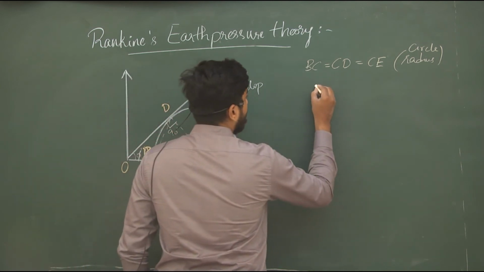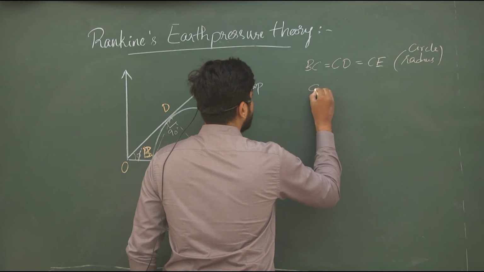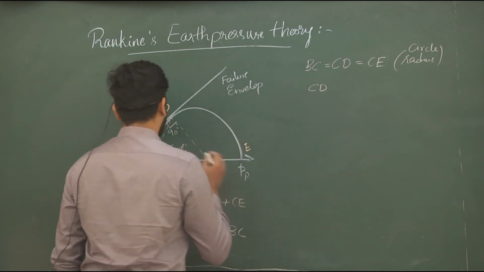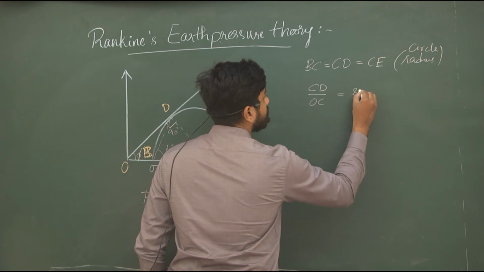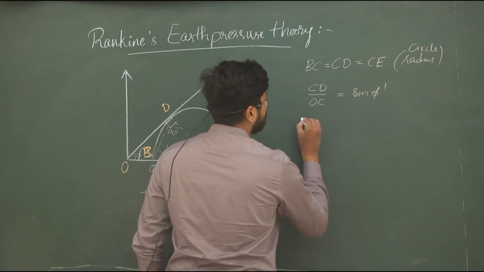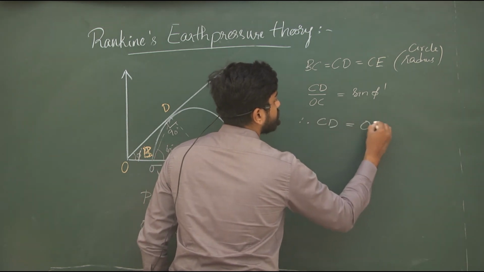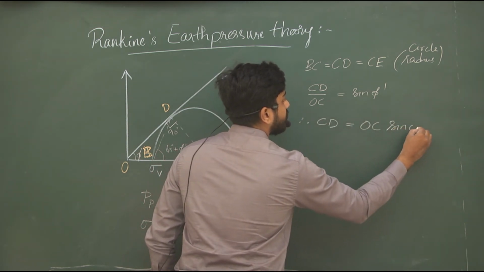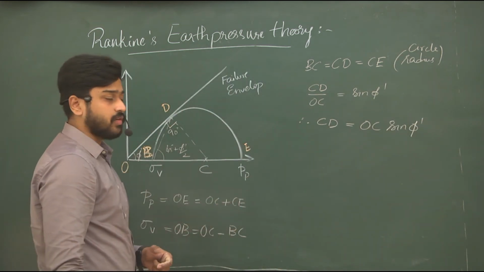As usual, how we have derived in the previous case, CD by OC is equal to sin phi dash. So therefore my CD value will be OC sin phi dash, just like the previous case.